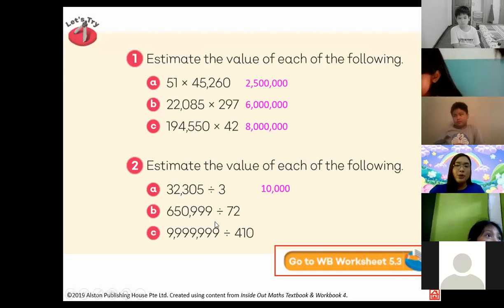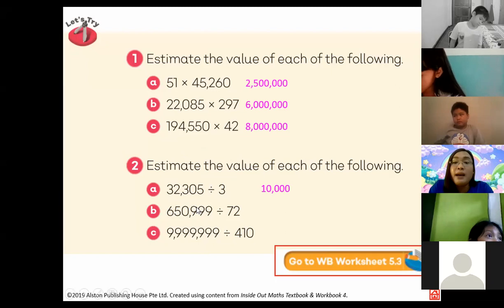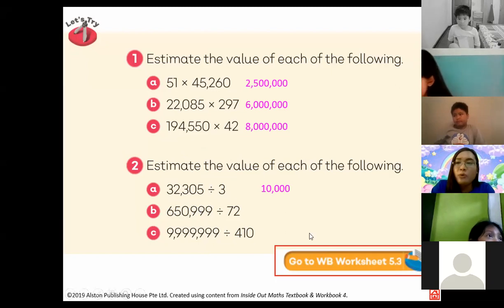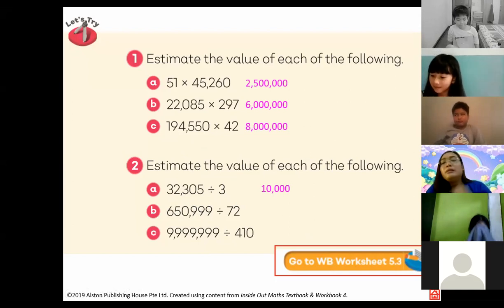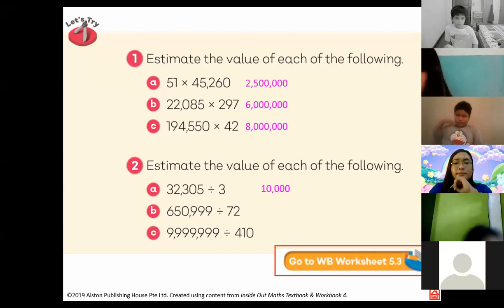All right, letter B is 650,999 divided by 72. Who would like to answer? Anyone? Gam, what's the answer for letter B? Kwangtung, what's the answer?